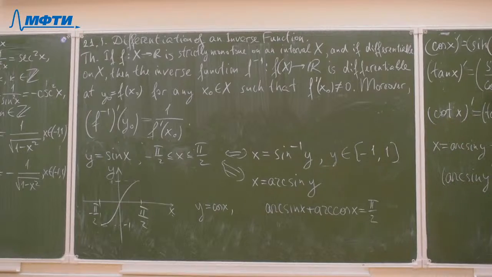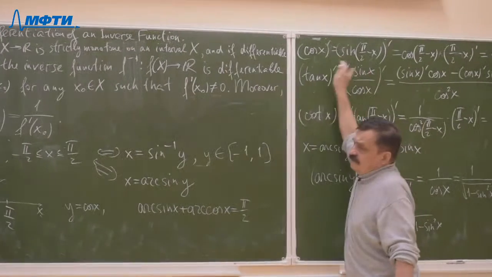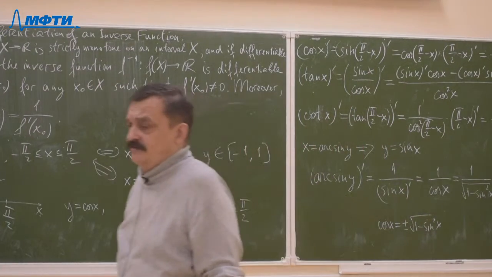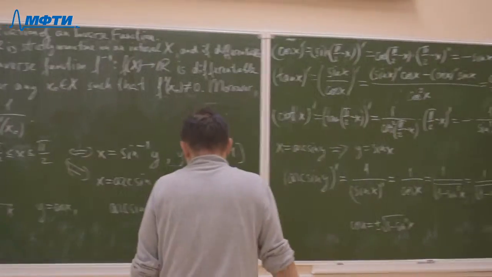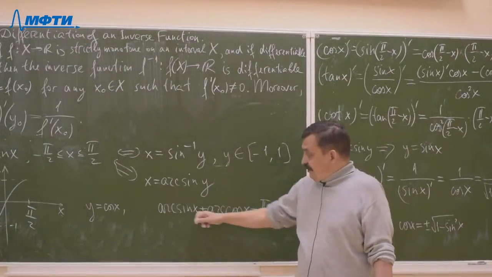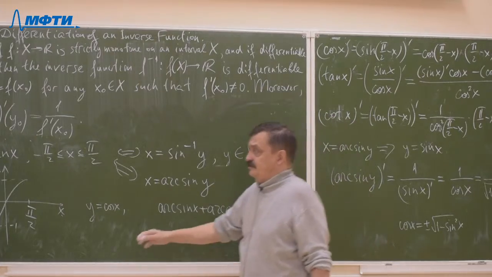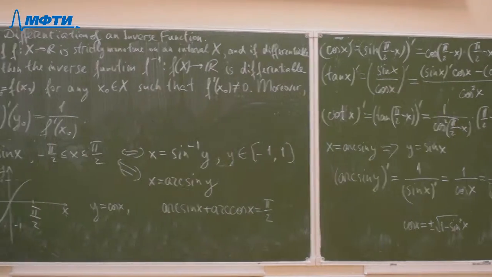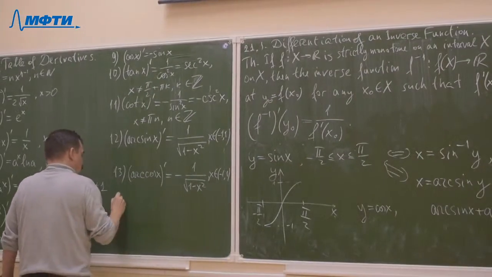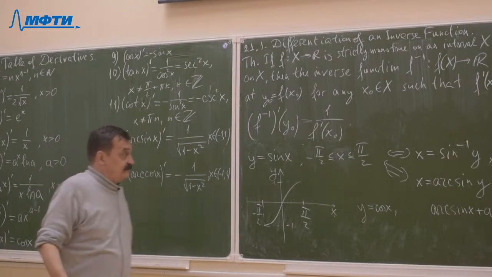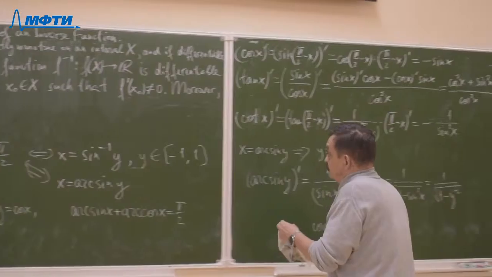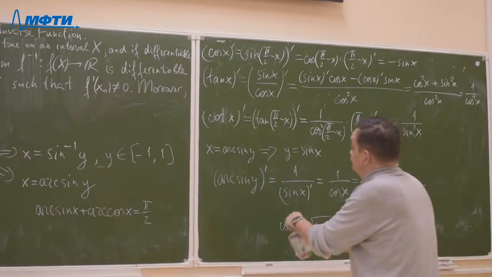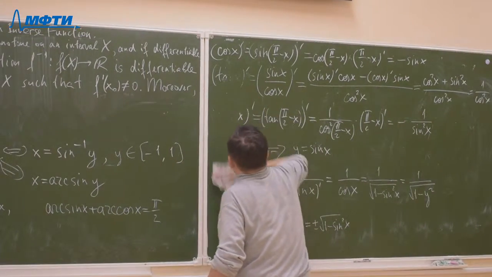The reason is the same formula relating sine of pi over 2 minus x and cosine x. From that identity, we deduce the formula immediately. Another option is again to proceed by the inverse function theorem.